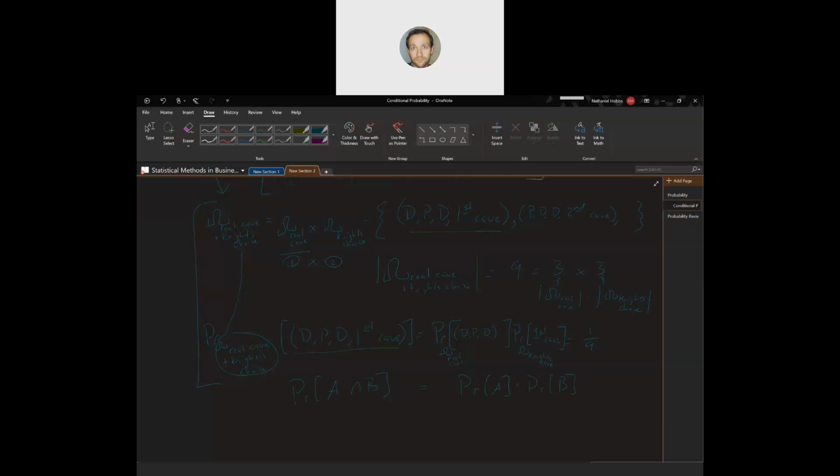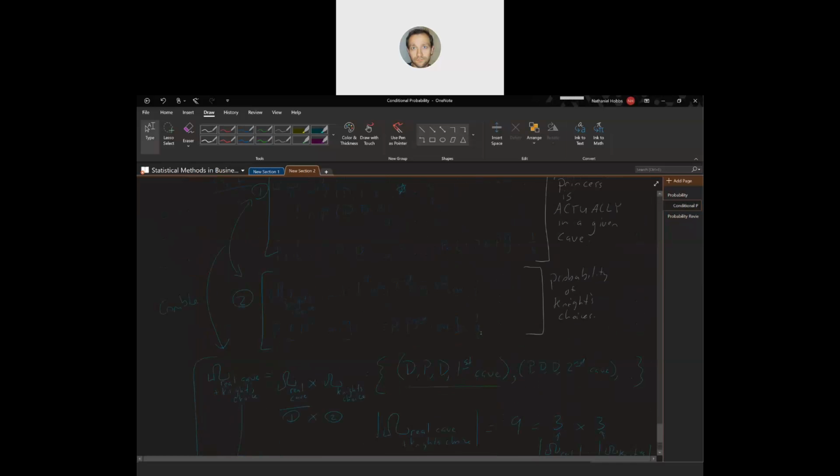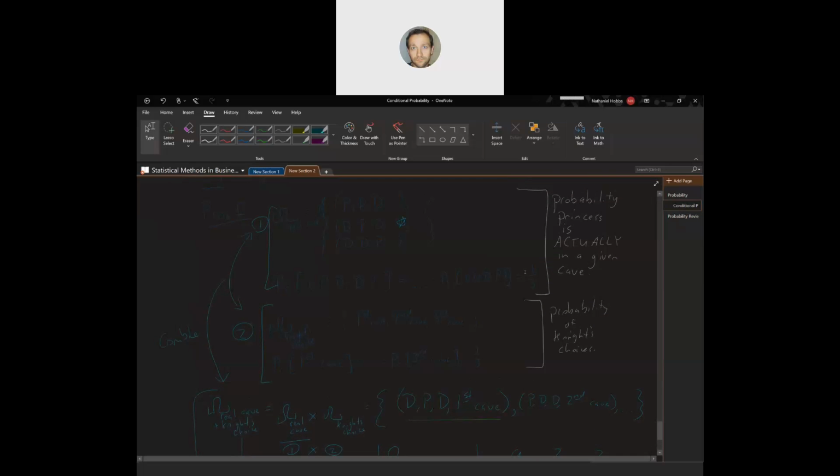His choice of which cave to try is independent of where the princess actually is. So here, the probability of where the princess actually is comes from this first probability space. And so that's where the probability of 1/3 is coming from there, the probability that she's actually in the second cave.